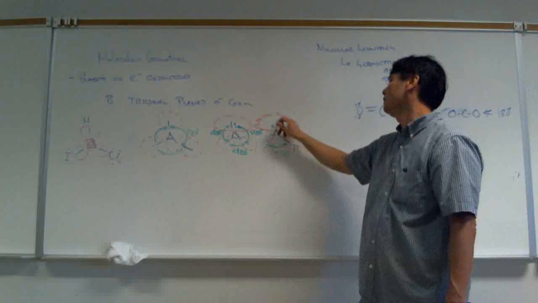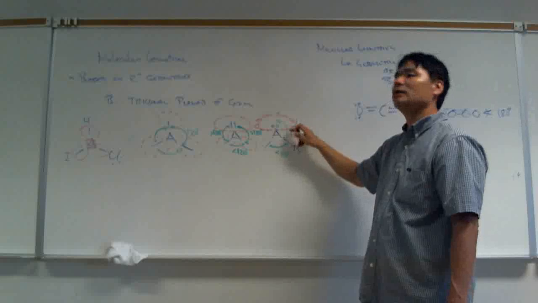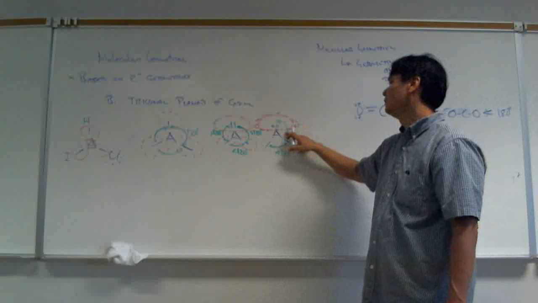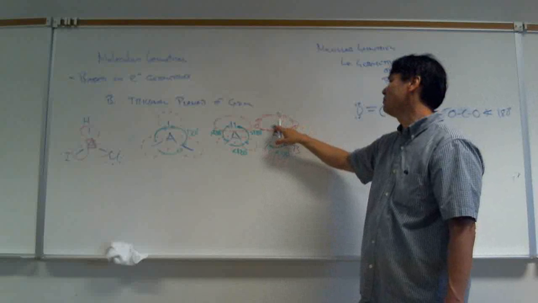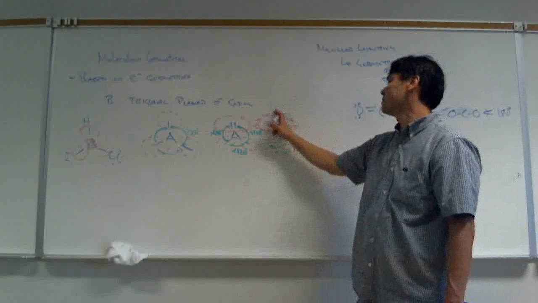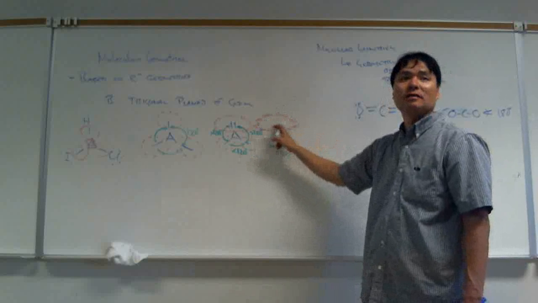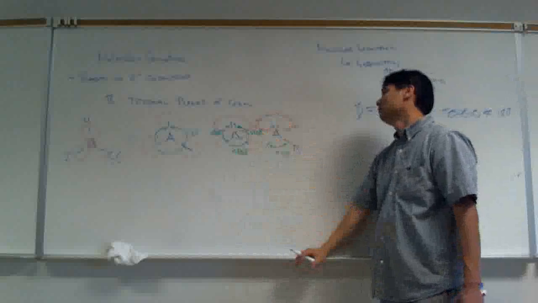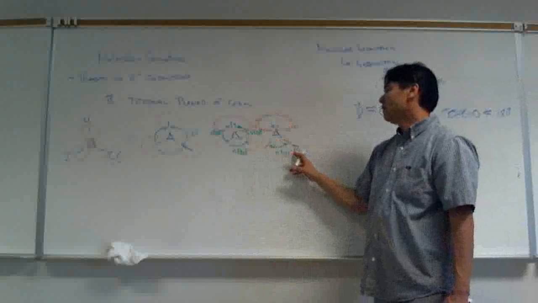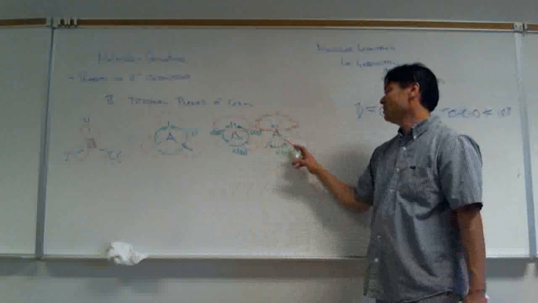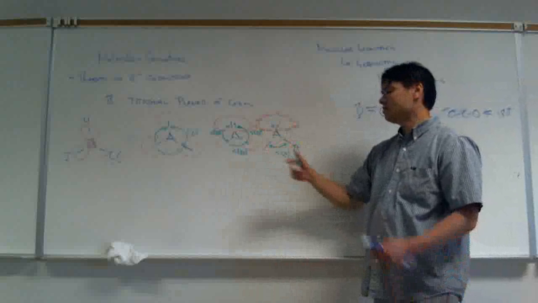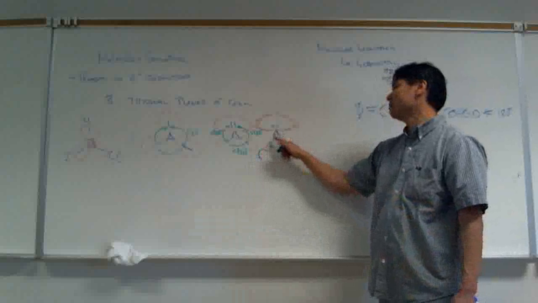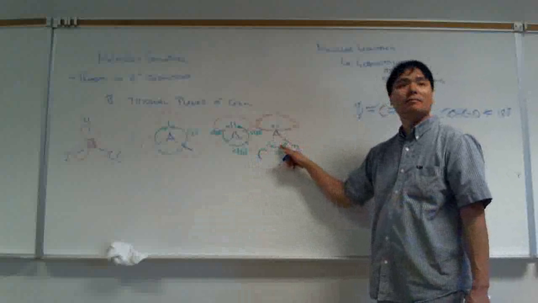This angle should be greater than 120, but we don't usually include that because the lone pair is somewhere in that cloud. Whereas the nuclei of the atoms in bonds, do they suffer from the Heisenberg uncertainty principle? No. So we can pinpoint the positions of these atoms, therefore we can pinpoint the angle. No problem.